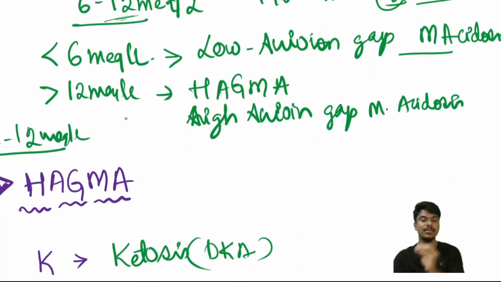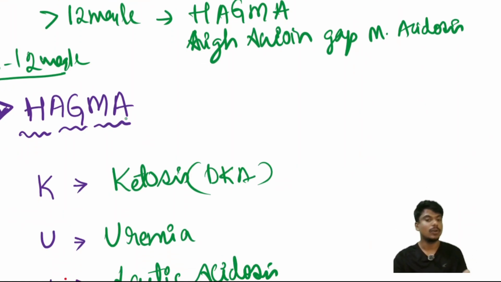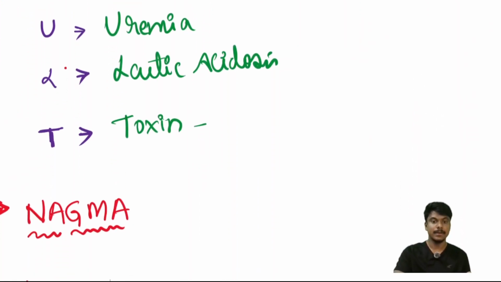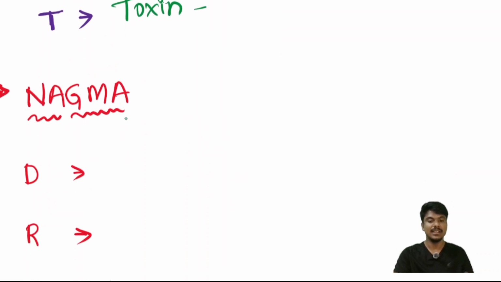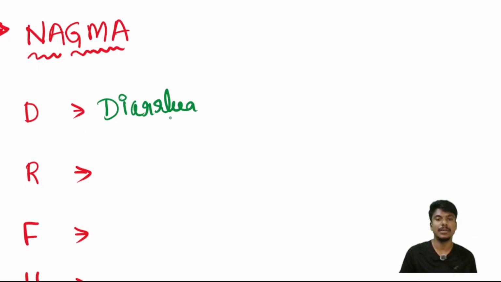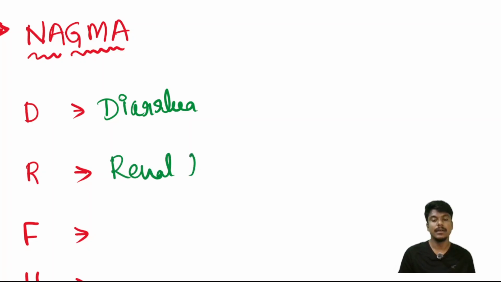Now we'll see NAGMA. What do you mean by NAGMA? NAGMA is normal anion gap metabolic acidosis. There is a mnemonic called Dr. Fuse. D is for diarrhea, where we can see normal anion gap metabolic acidosis. R is for renal tubular acidosis, where we can see NAGMA.